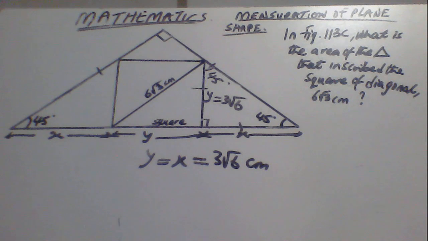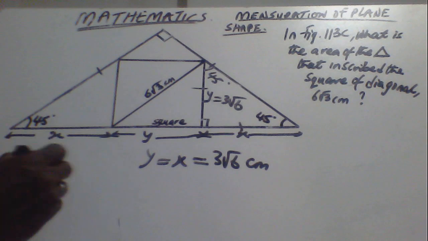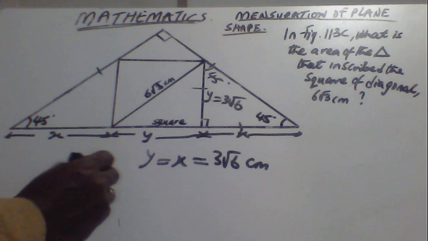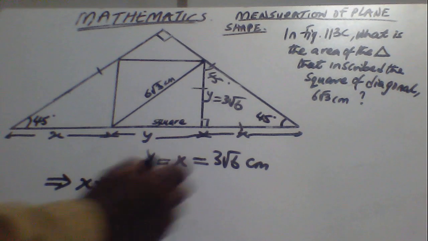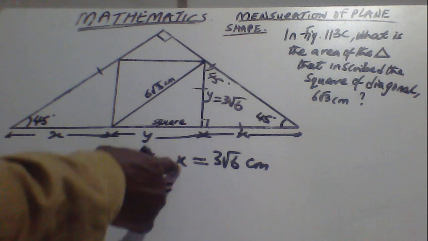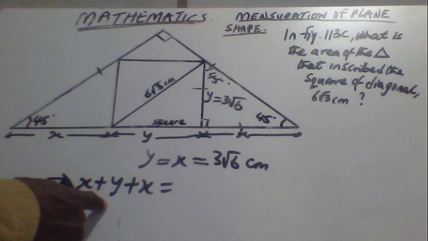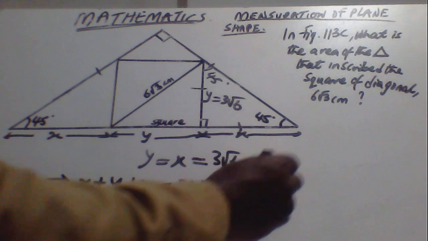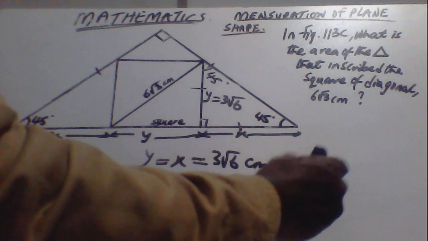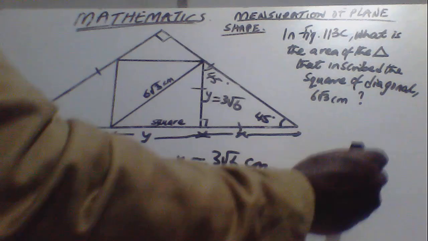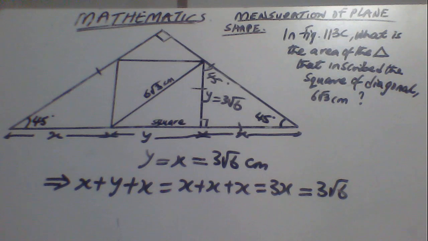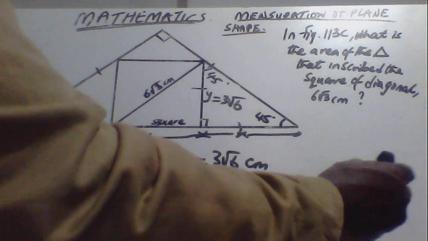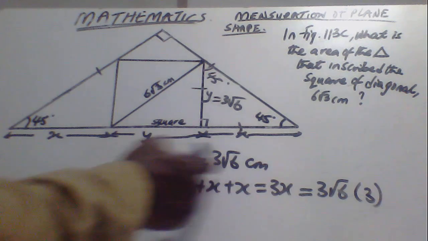So once we have gotten that, the next thing you have to know is to find this length. So this implies x plus y plus x is equal to, since y is equal to x, wherever you see y, you put x. So we have x plus x plus x, and that gives us 3x is equal to what? 3 times 3 root 6, since x is equal to 3 root 6.